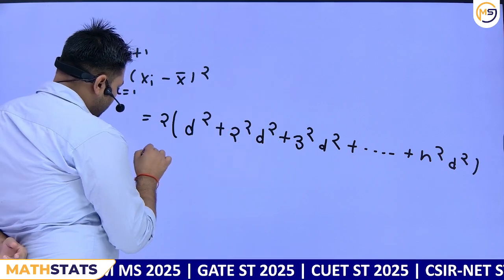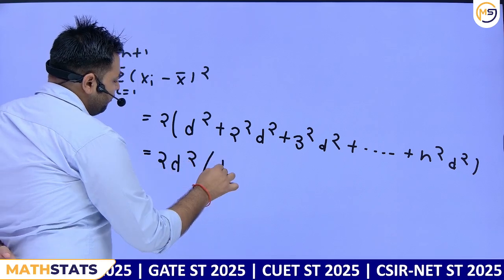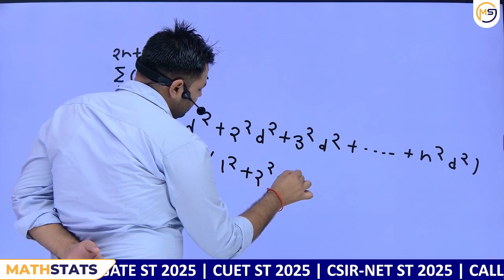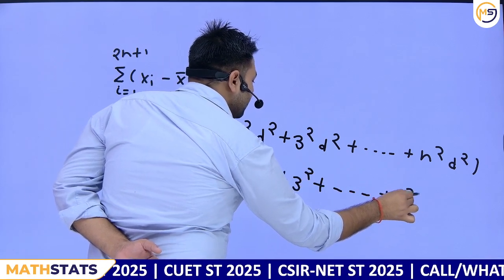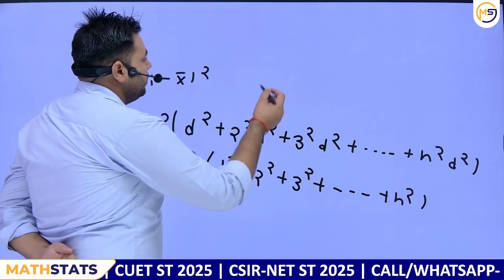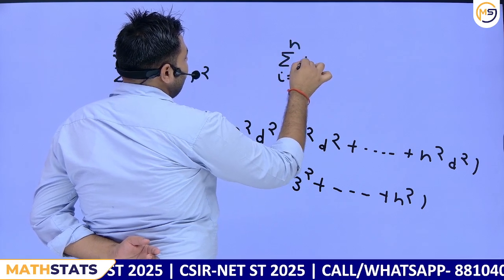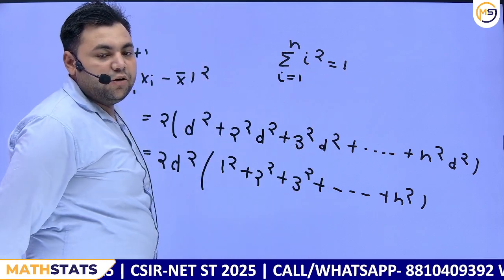So now take d square common, you will get 1 square plus 2 square plus 3 square plus so on plus n square. Now what is the sum of squares of the first n natural numbers? So summation of i equal to 1 to n of i square is equal to n. Anyone? What is the value of this summation?